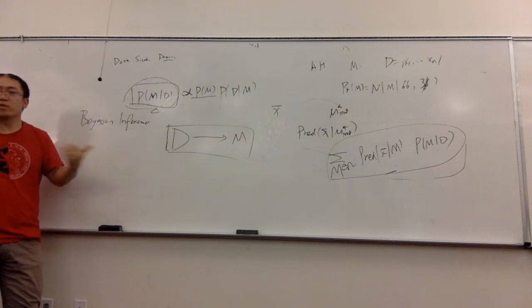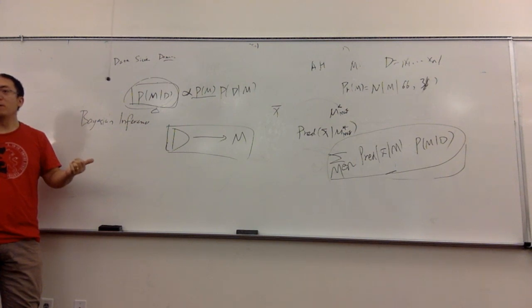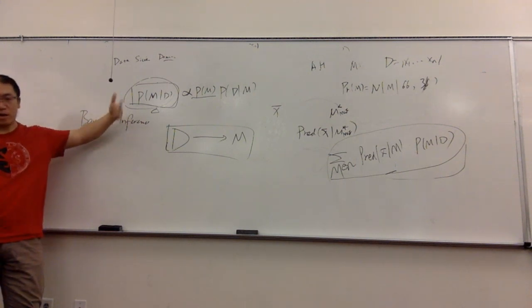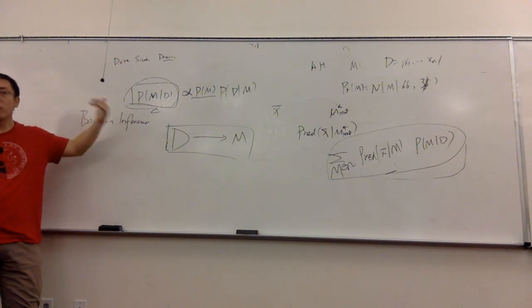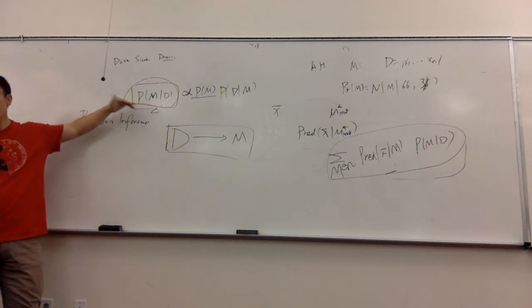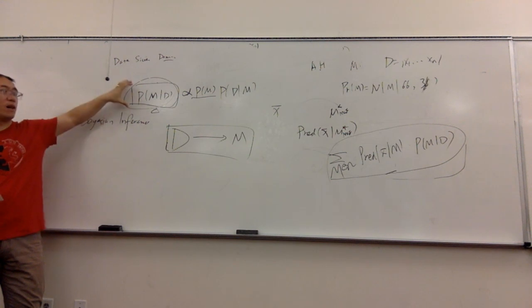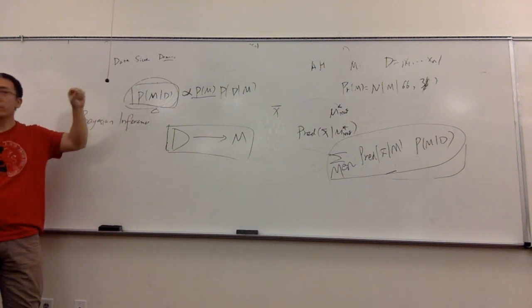Which one is better, which one is worse? There's like a 300-year debate. But in recent years, along with the progress of machine learning and artificial intelligence, more and more people turn to the Bayesian framework because it can account for all possibilities of models rather than concentrating on some single point.